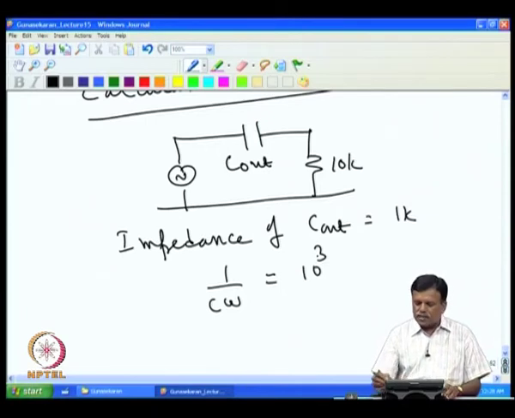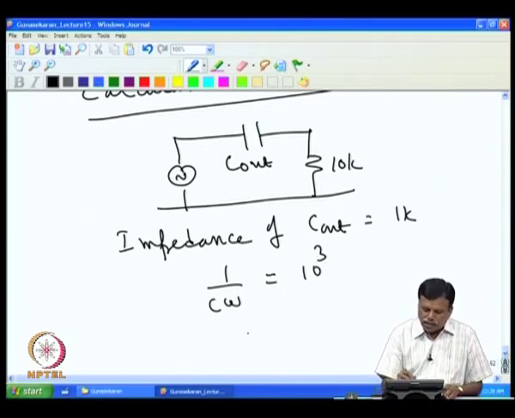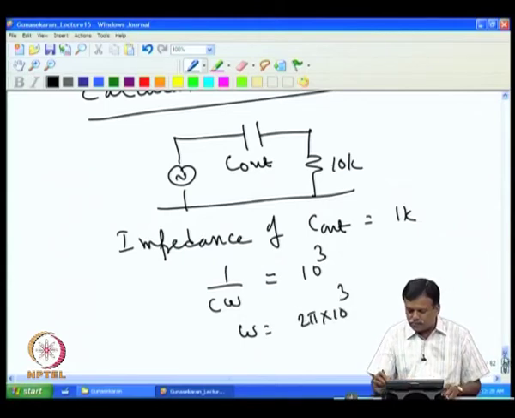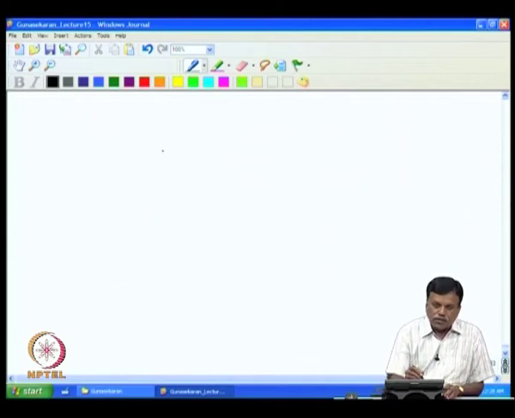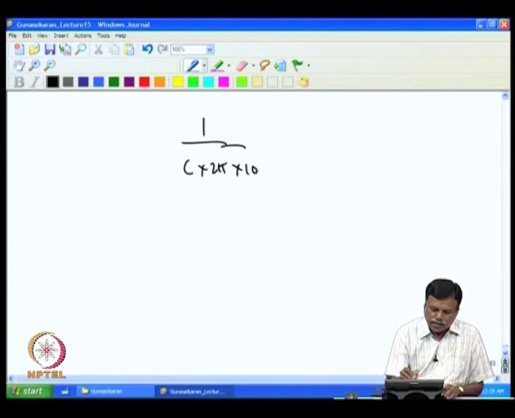So, omega is as usual 2 pi into 10 power 3. So, you will end up with 1 by C into 2 pi into 10 power 3 is equal to 10 power 3.